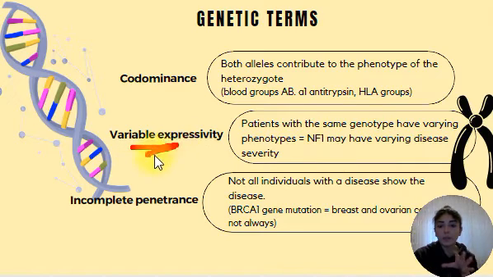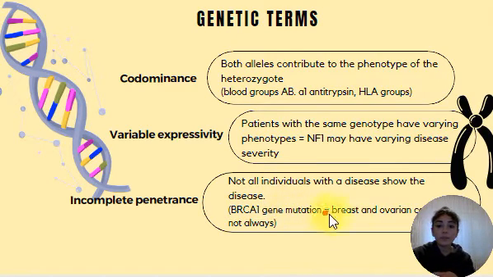This is variable expressivity. Incomplete penetrance means that one child has the disease, the other doesn't have any, right? It is true for example for BRCA1 gene mutation, not only BRCA, right?